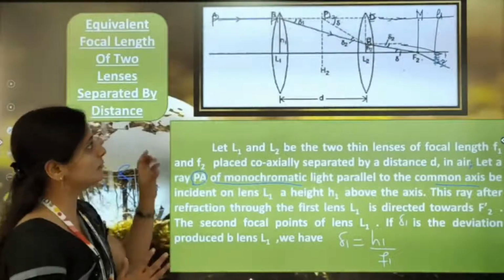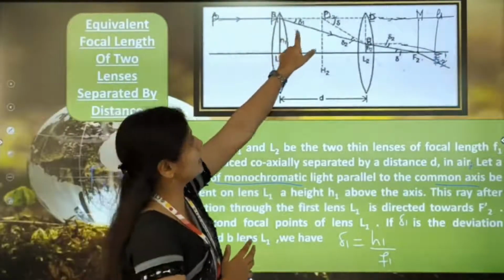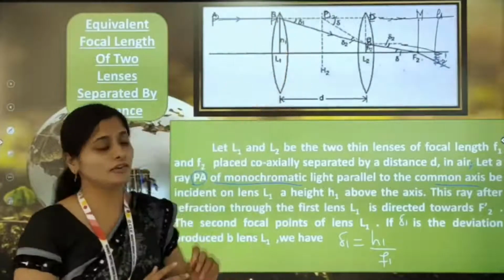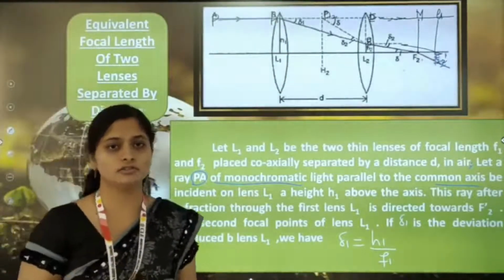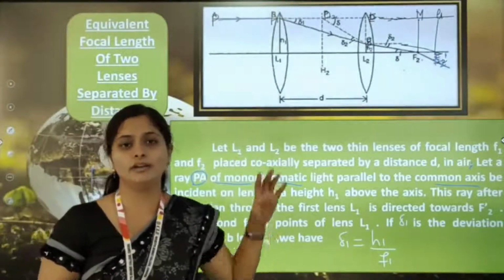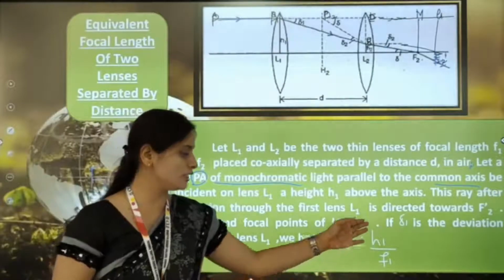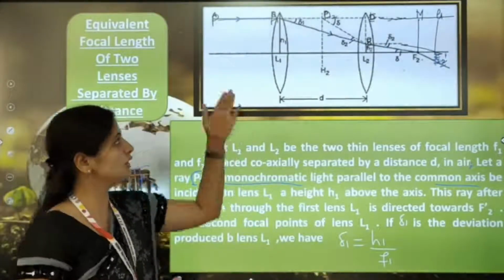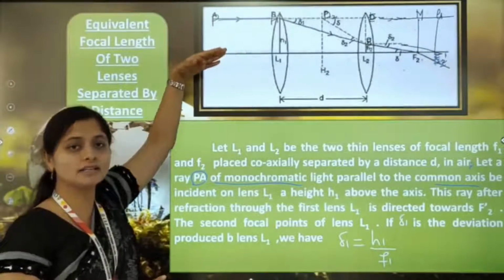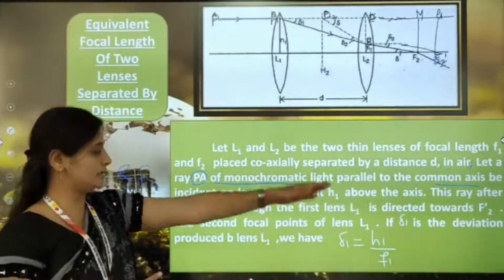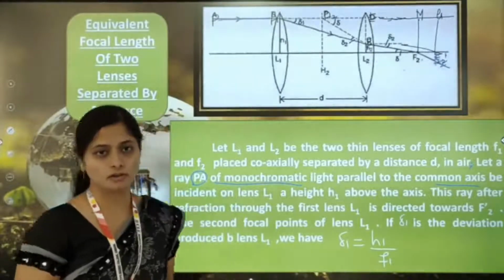Here we get delta 1, the angle of deviation. Delta 1 equals H1 divided by F1, the height of the incident ray above the principal axis divided by the focal length of the first lens.